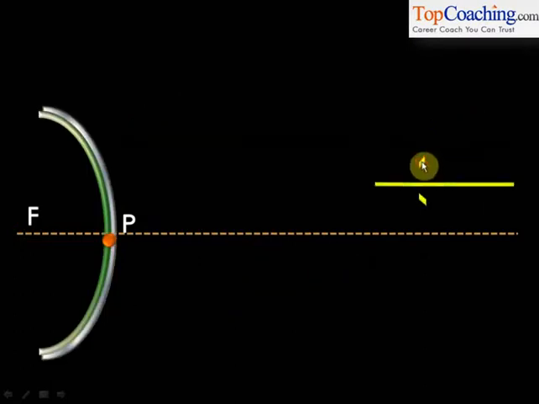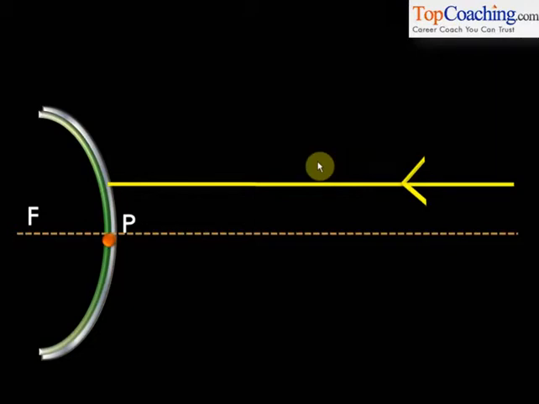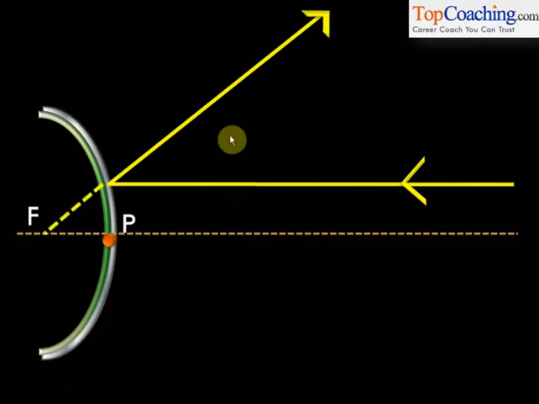In the case of convex mirrors, as we had already studied, if an incident ray is parallel to the principal axis, then after reflection it will get reflected in such a way that it will appear to come from the focus, isn't it? So these are the rules that we have already studied, and now we are repeating those rules. So you must remember all this.